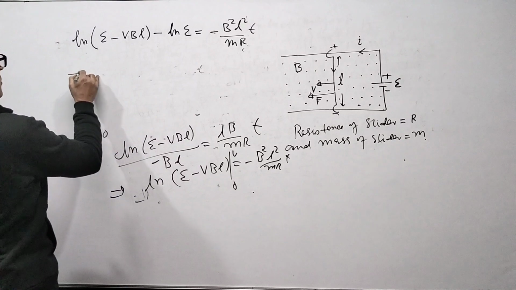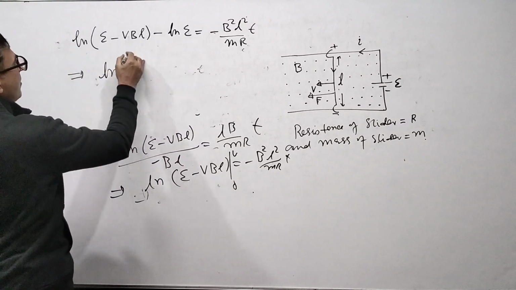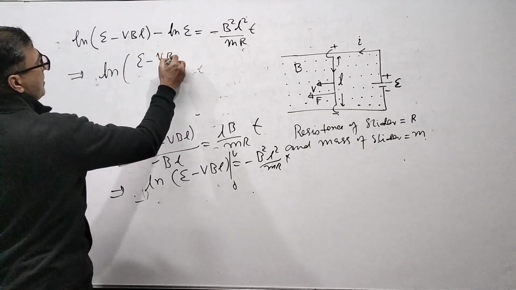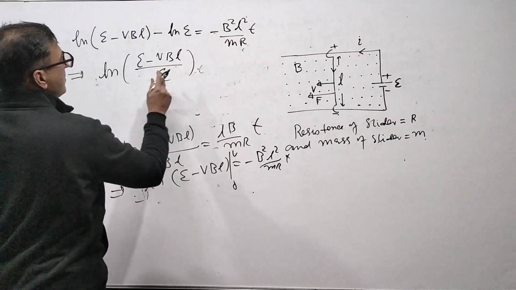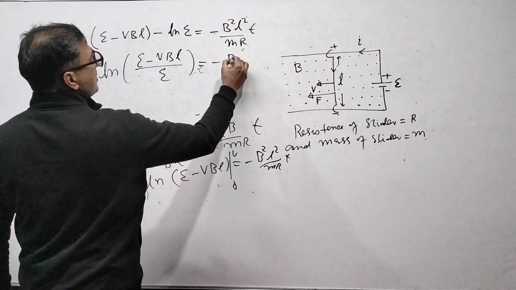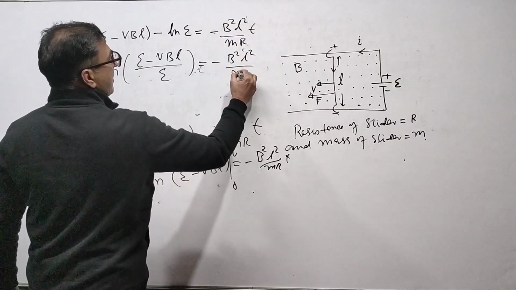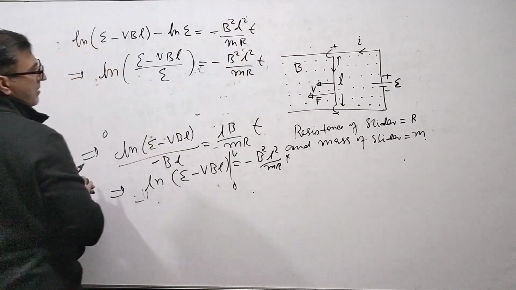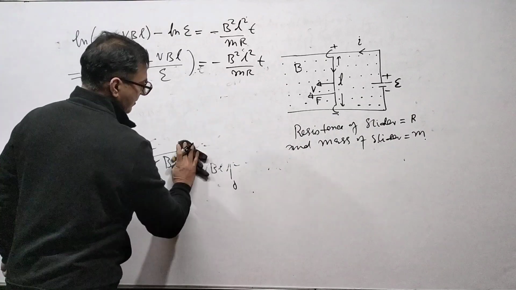Now according to the log rule, it is ln of (E − VBL) by E, where E is the applied voltage, is equal to −B²L² by MR t. Okay, good.